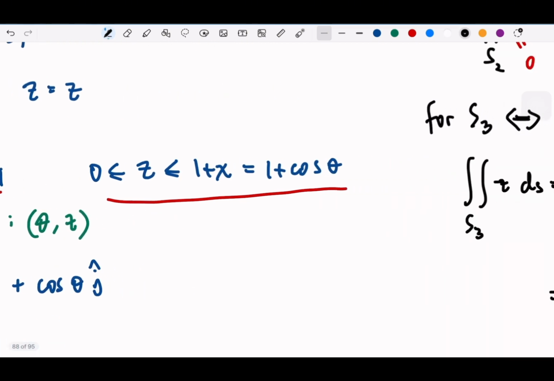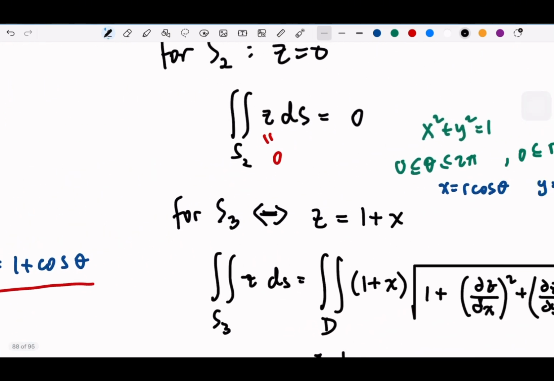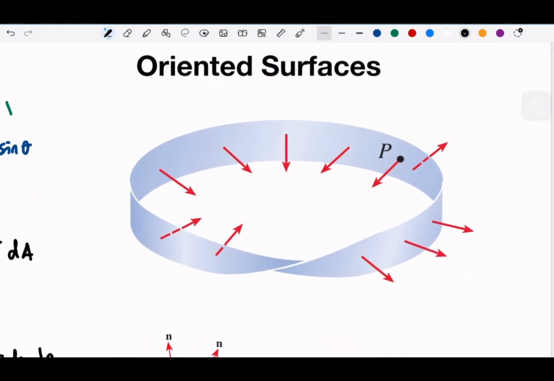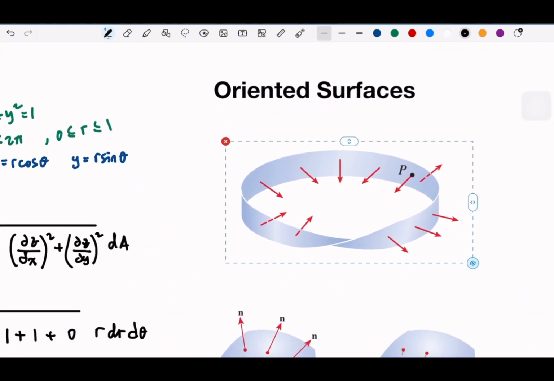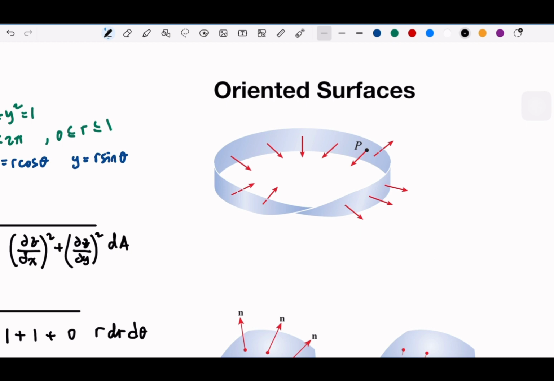But before we go to the orientations, suppose this is a tape, and you want to circle the tape, but you twist one section. If you imagine an arrow from the inside, the arrow will only have one side of direction, and they will be the same because of this twist.